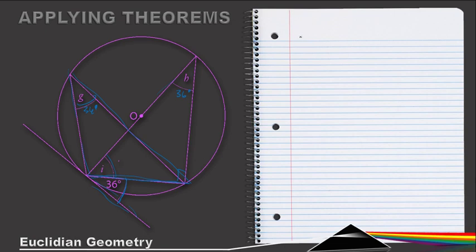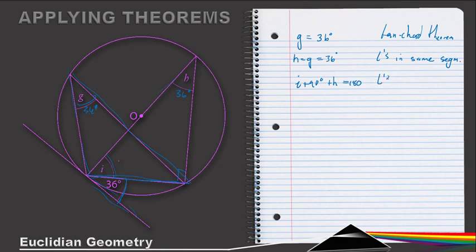So first of all, we're going to say that G is equal to 36 degrees, tan chord theorem. And then H, which is equal to G, which is equal to 36, we can say angles in same segment. And then finally, we know that I plus 90 degrees plus H is equal to 180.